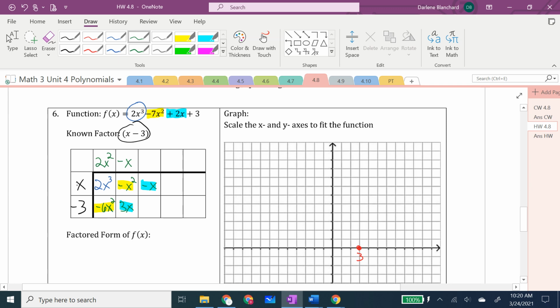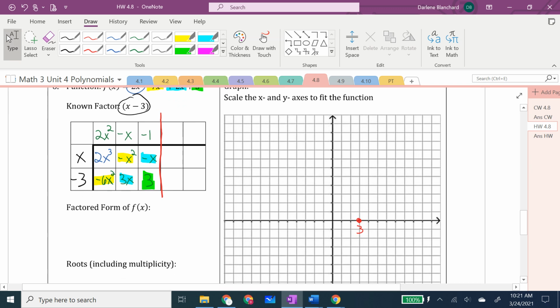Then I figure out that I need to multiply x by negative 1 to get the negative x. Continue the multiplication. And then that completes the polynomial, and I have no remainder. Know that if you find a remainder when you were told that this was a known factor, that your arithmetic went wrong somewhere, and you've got to go find it.